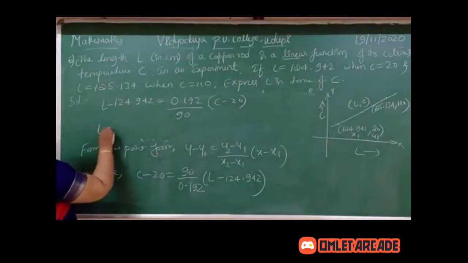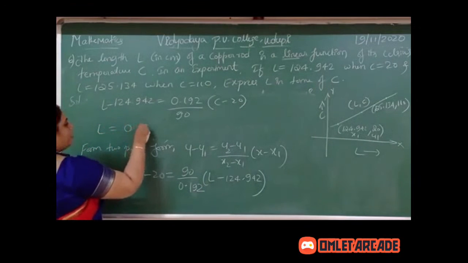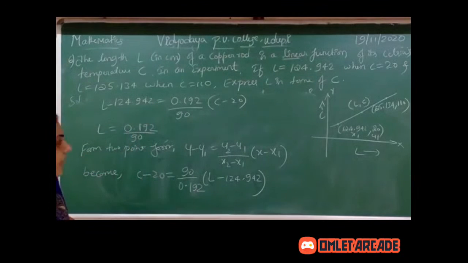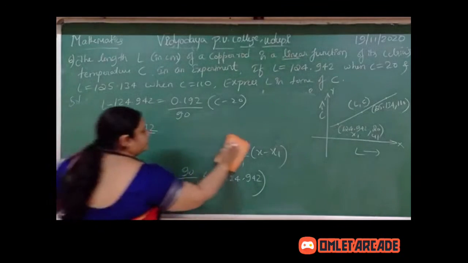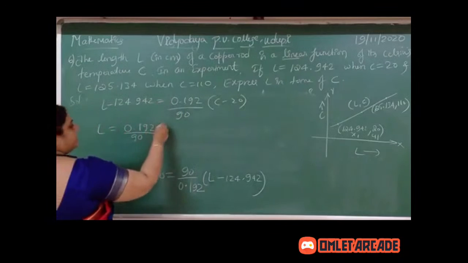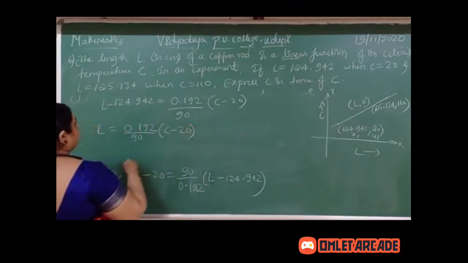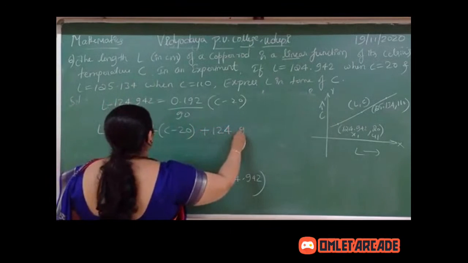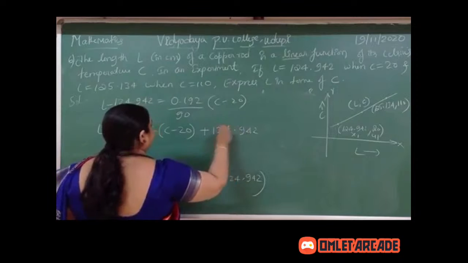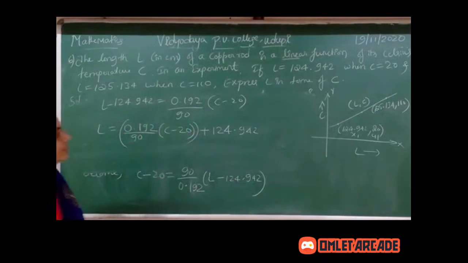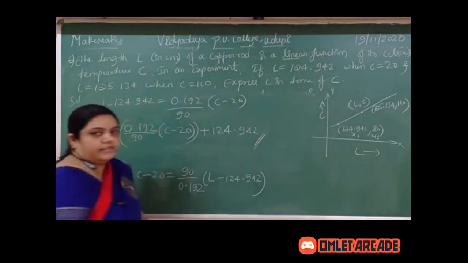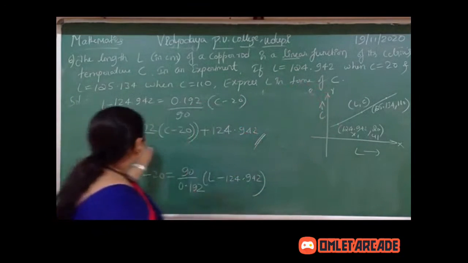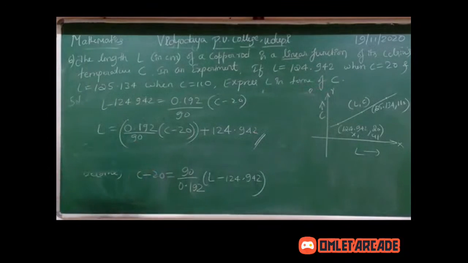Finally, L is equal to 0.192 divided by 90, and I am not solving this because I need only the equation, into C minus 20, and let me shift this to the RHS, plus 124.94. Now this is the relation L in terms of C.